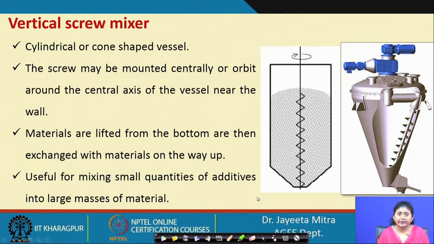When a small fraction of one component has to be added to a larger fraction of the other component, we need to use this one, so that thorough mixing from the bottom to the top layer takes place. This is even more suitable if we use the orbiting type of screw mixer. So, it will initiate better mixing.